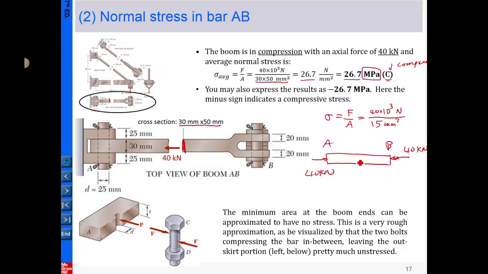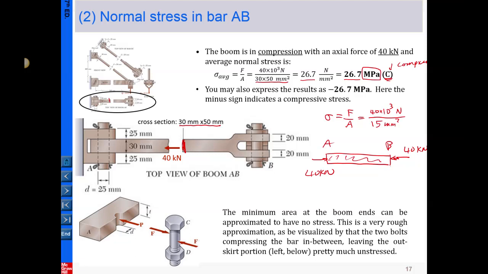You can see the pair of forces on the two ends of the cross sections in AB has a tendency to shorten this portion here. So basically, anywhere in AB is under the same condition of compression. So here we put a C, a simple word for compression.